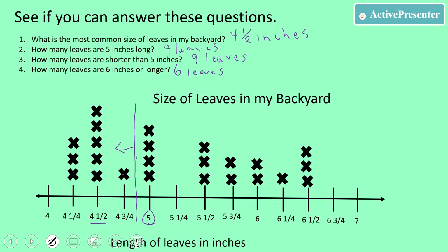But remember, I said 6 inches or longer, which means that we include the 6. So it's anything from here on. So 1, 2, 3, 4, 5, 6. So it's really important to pay attention to what the questions are asking us about our line plot and the different information we can give.